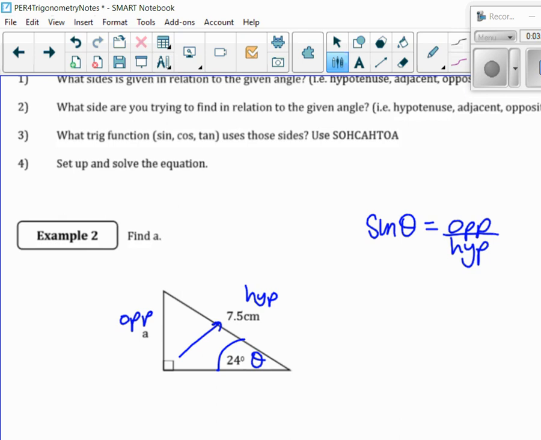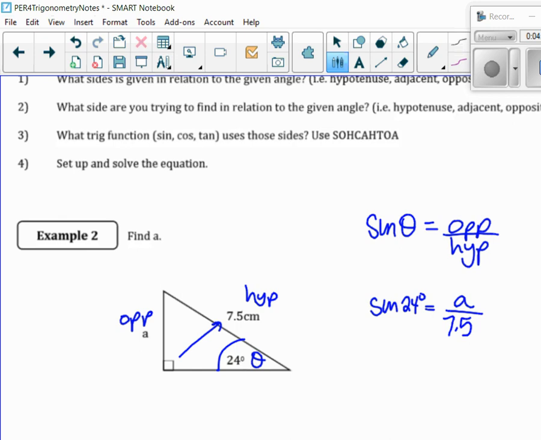So now we're going to plug in what we know. We know that theta is 24 degrees. So we're going to write sine 24 degrees is equal to, we don't know opposite, but we do know there's a letter for the opposite. What is that? Little a. And then we do know the hypotenuse, and that is 7.5.